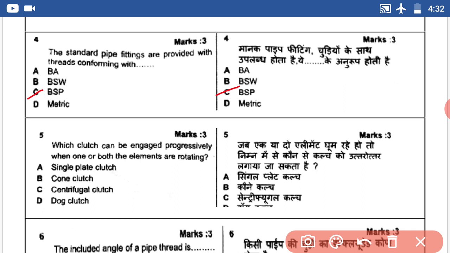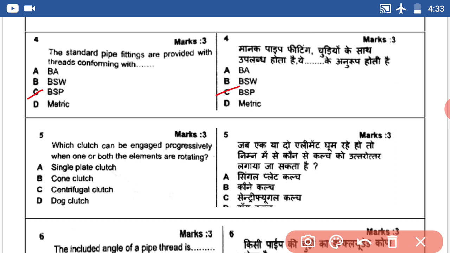Question number 5. Which clutch can be engaged progressively when one or both the elements are rotating? This question's answer: cone clutch.